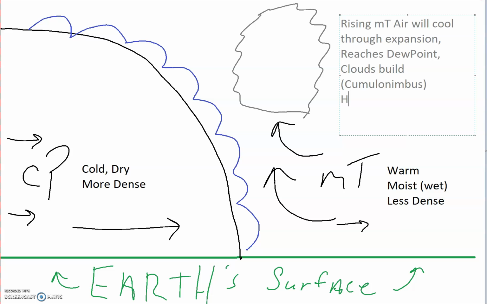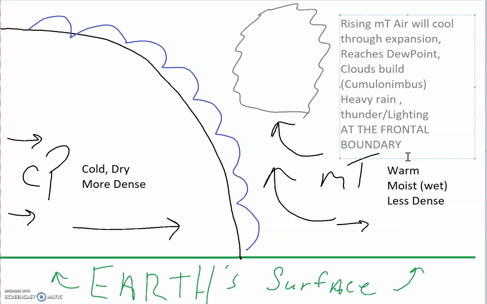So we have heavy rain, thunder, which is obviously lightning causes thunder. So heavy rain, thunder, and lightning, and all this at the frontal boundary, all right?